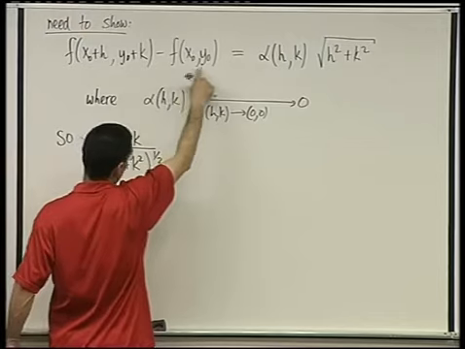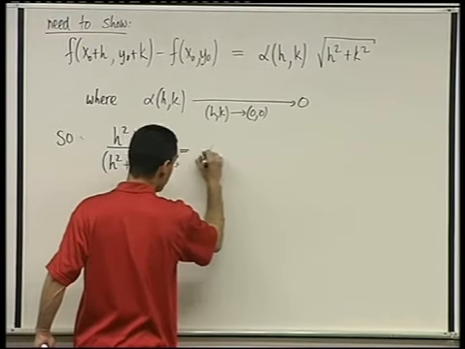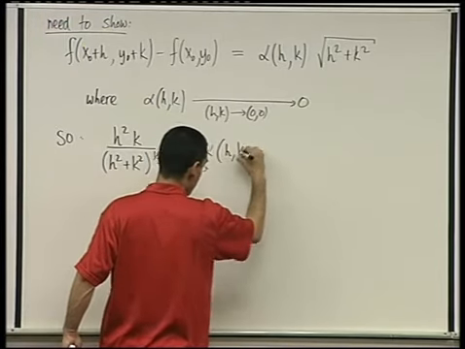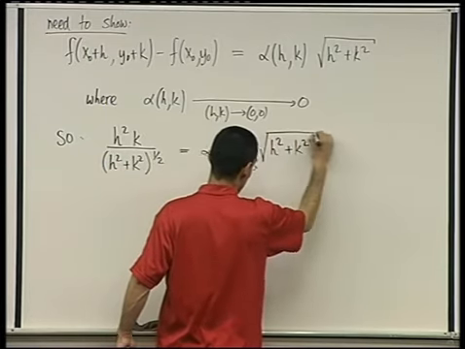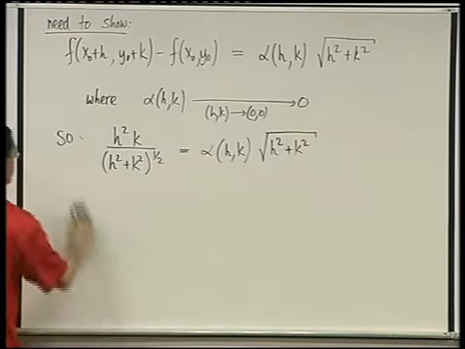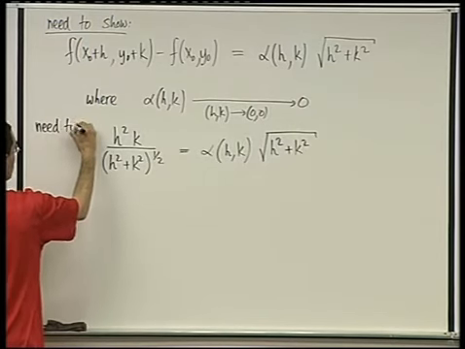Minus f at 0, 0, which was just 0. And this has to be equal to alpha of hk times the root of h squared plus k squared. This is what we need to show.